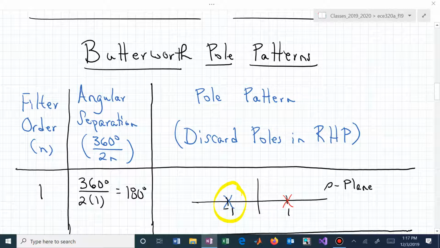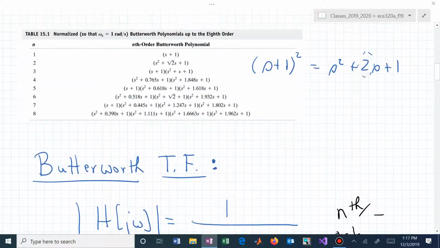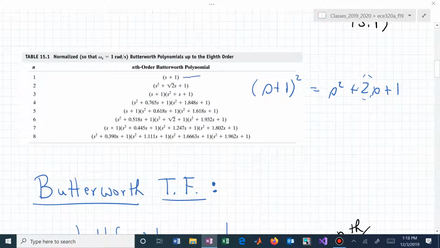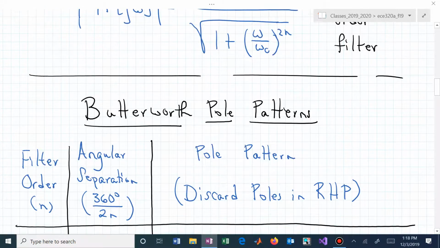That then says, okay, where do I put those? Well, they have to be symmetric with respect to the origin. And we know that for a first order, we're going to have one of those poles at -1. The other one's at 1. We neglect that. We now build our transfer function from that blue pole. That's what's in the denominator, and that corresponds to this factor in the denominator.